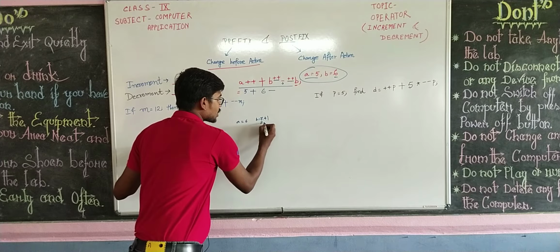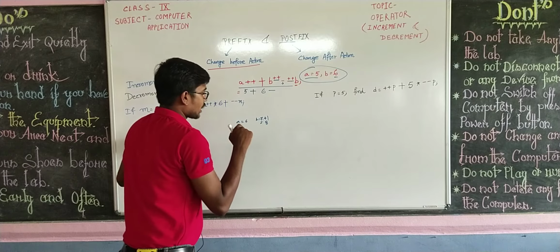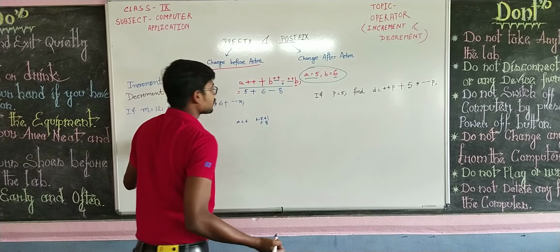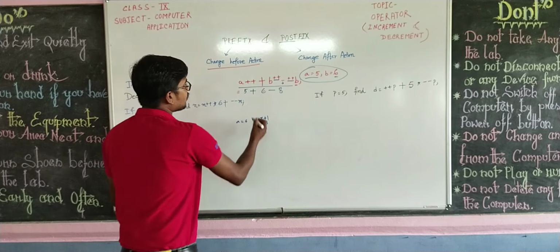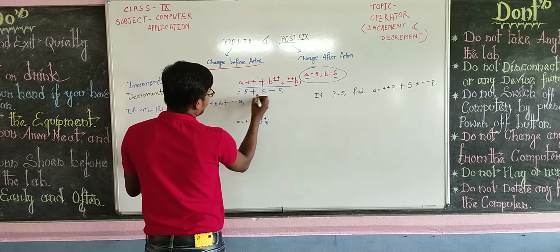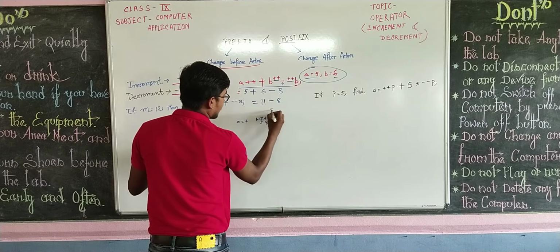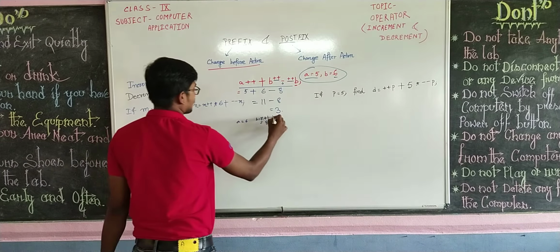Now B equals to 7 plus 1 equals to 8. So now our current value of B equals to 8. You have to write here 8. In this way we will put this equation. Now you have to simplify it. 5 plus 6 means 11 minus 8, that means final value equals to 3. This is your answer.